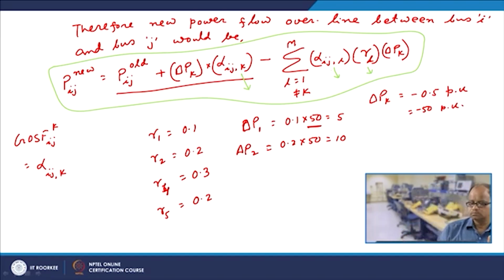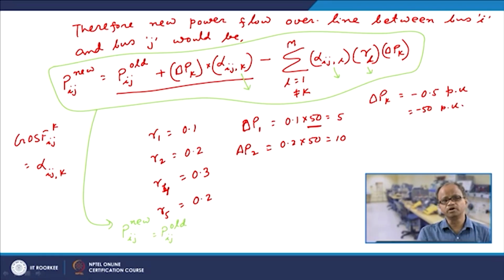Now, before closing this discussion, suppose we substitute the value of delta Pk here. What will we get? Pij new would be Pij old.